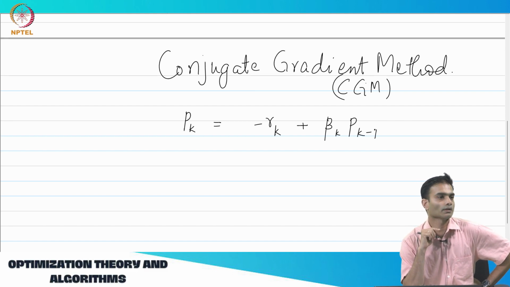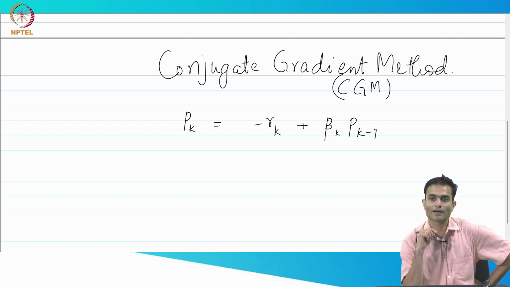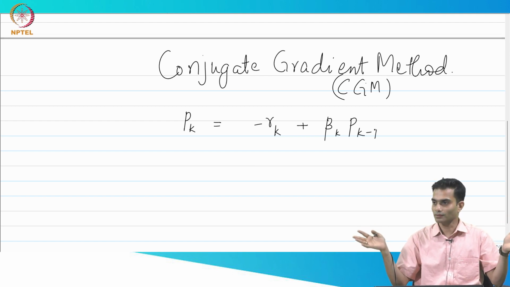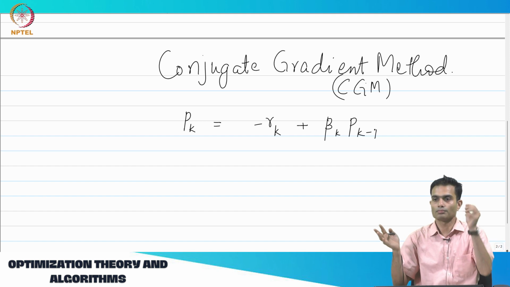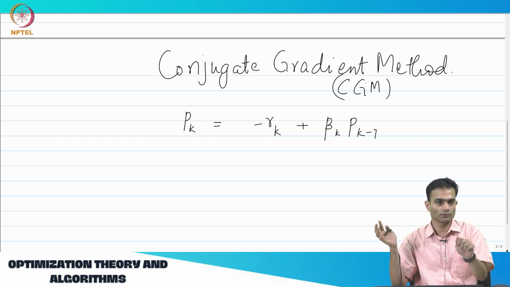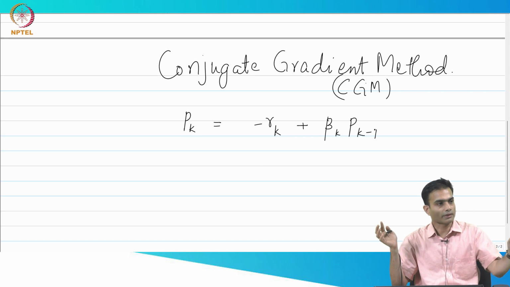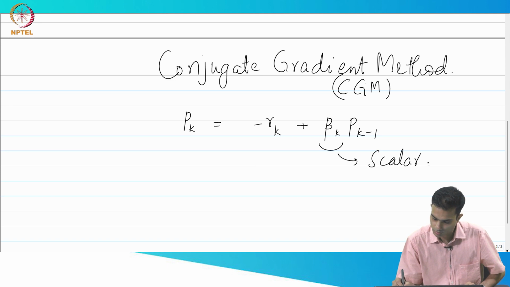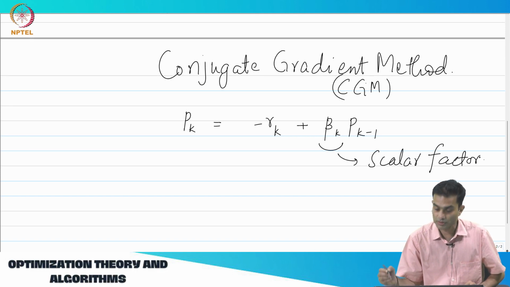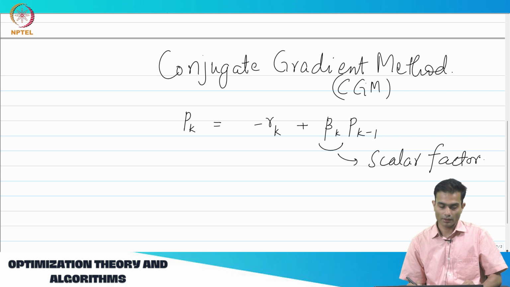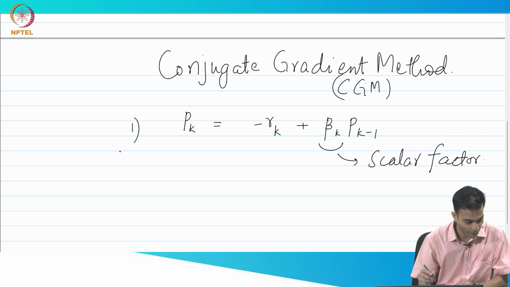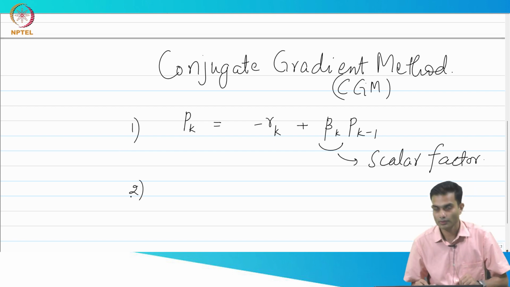This is in a nutshell the clever idea of the CGM, that instead of asking you to pre-compute the entire set of conjugate directions beforehand, it's saying use the previous conjugate direction p_{k-1} and the current residual, and there is some scalar factor, which we will choose very, very cleverly. Okay, this is one. Now this is sort of the first ingredient of the conjugate gradient method.